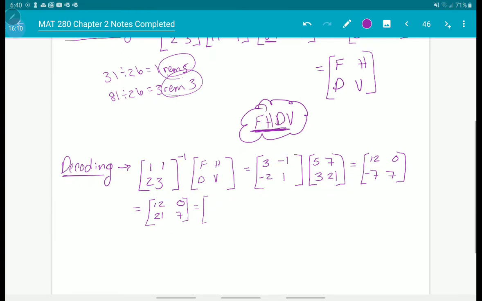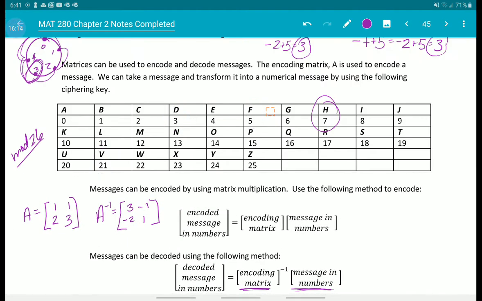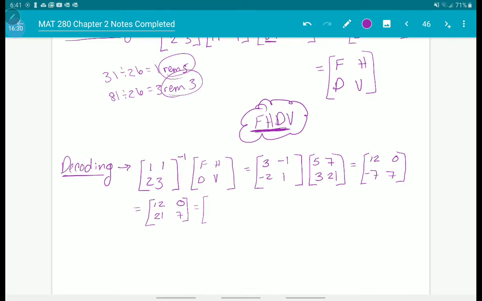Let's figure out what our matrix says. So 12 is M, 0 is A, 19 is T, and 7 is H. So you can see how that spells M-A-T-H. So that's kind of cool, huh? How we can encode and decode.